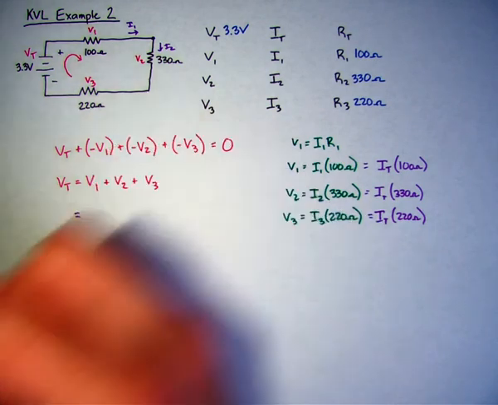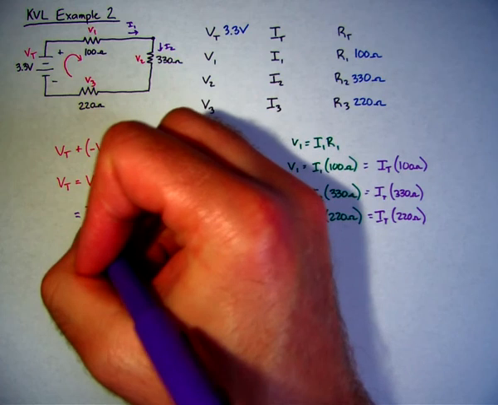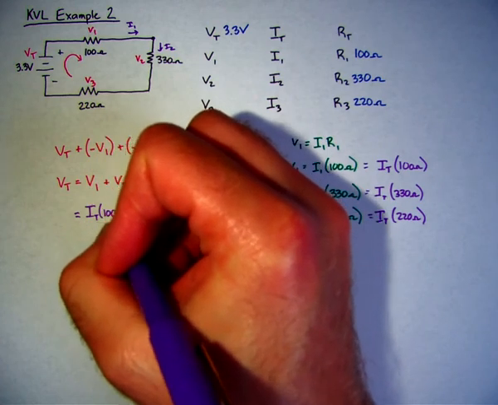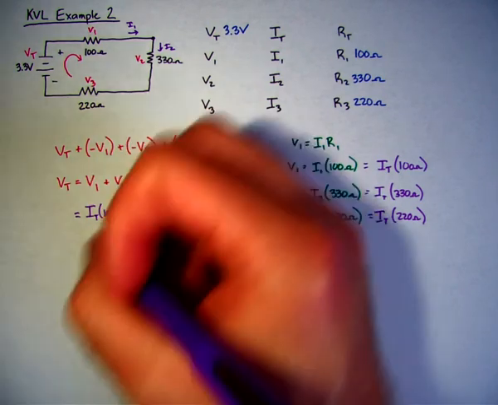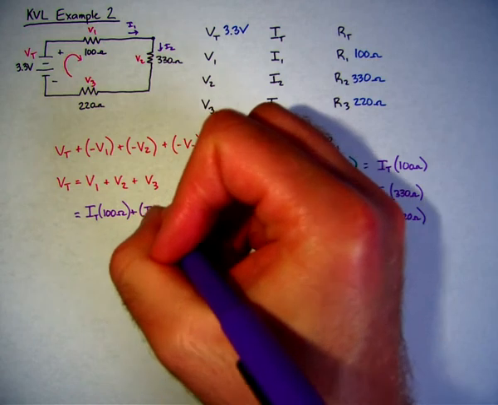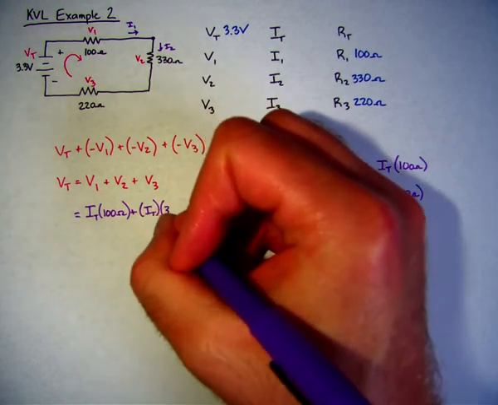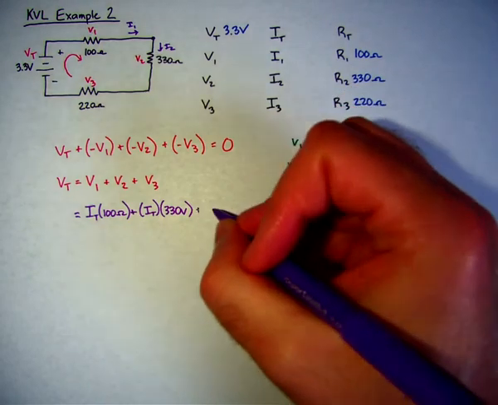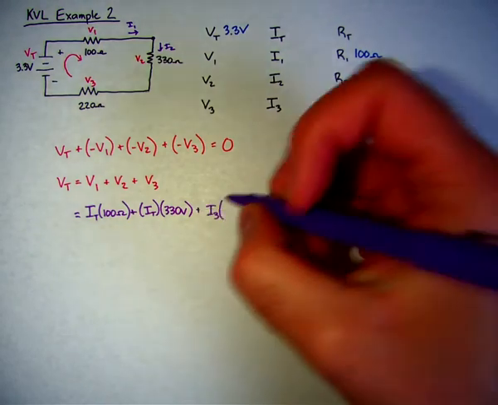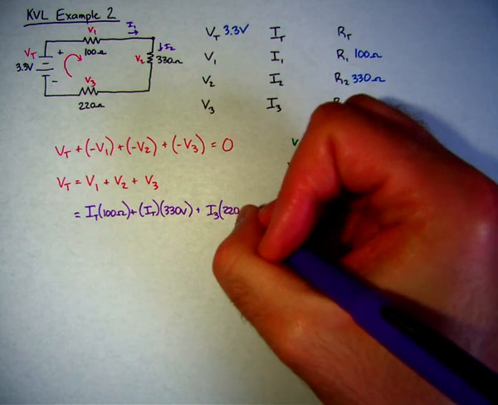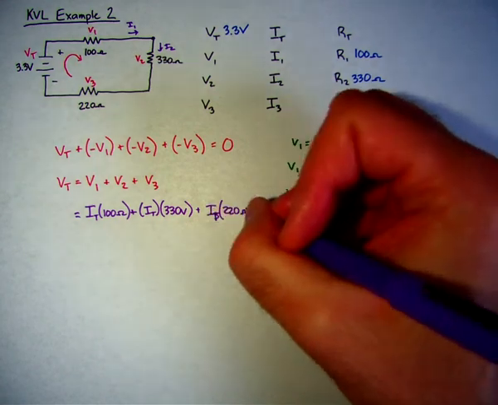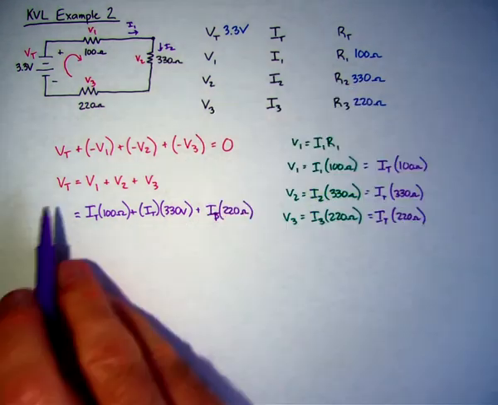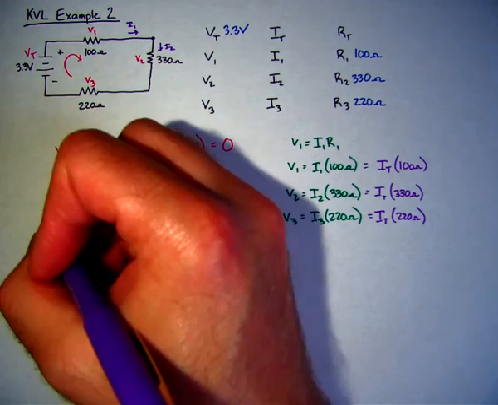So I know that V1 is the total current times 100 ohms. I know that V2 is the total current times 330 ohms. And then V3 is IT times 220 ohms. And that equals the total voltage.